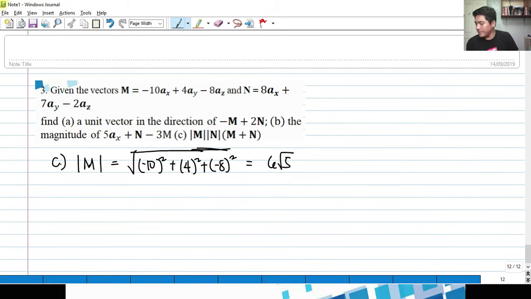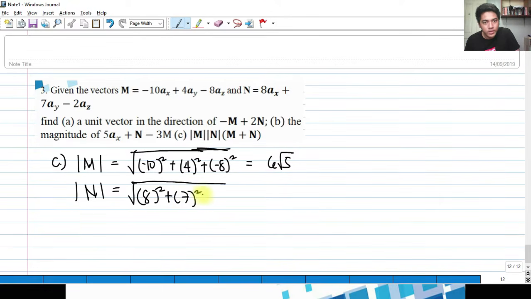And then we get the magnitude of vector n. We have square root of 8 squared plus 7 squared plus negative 2 squared. And that corresponds to 3 square root of 13.